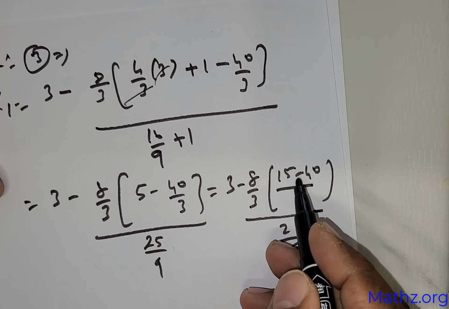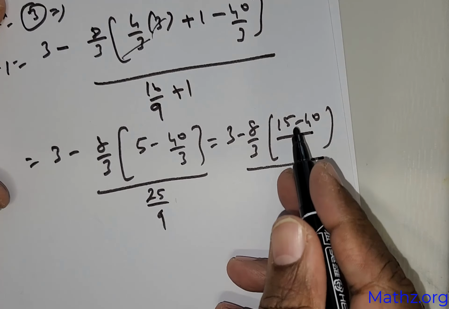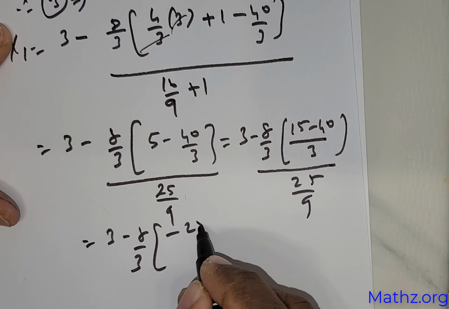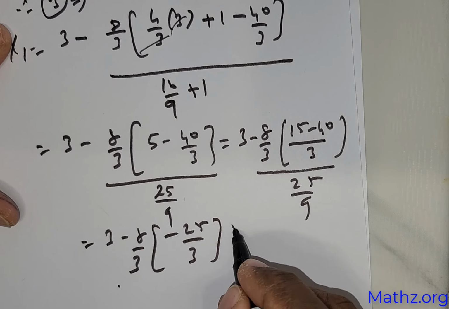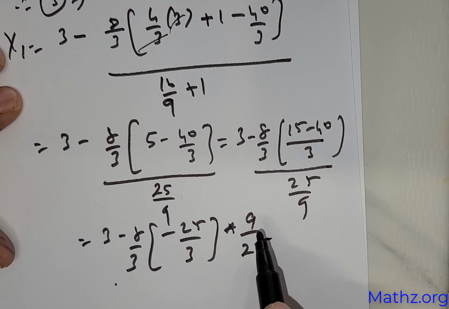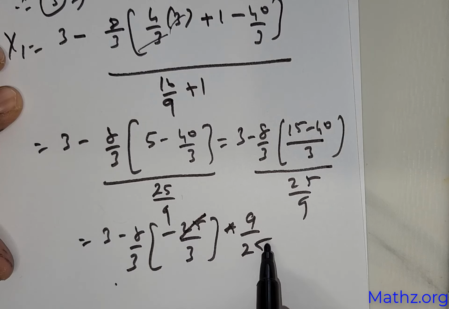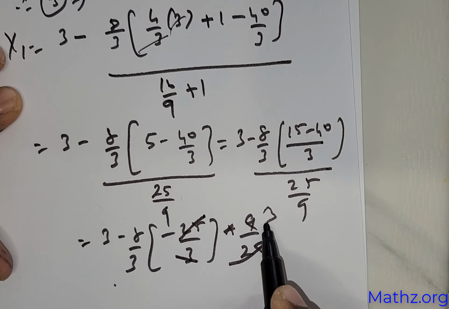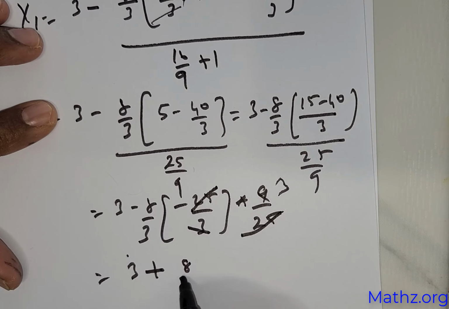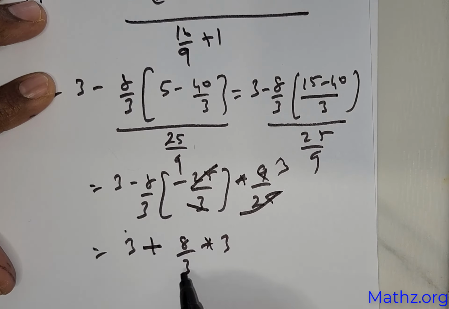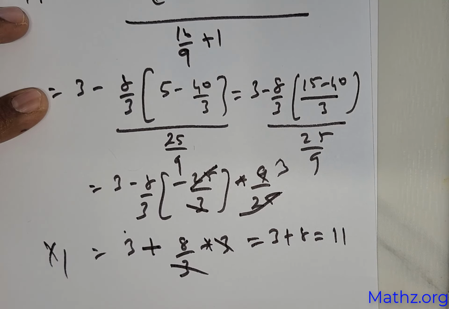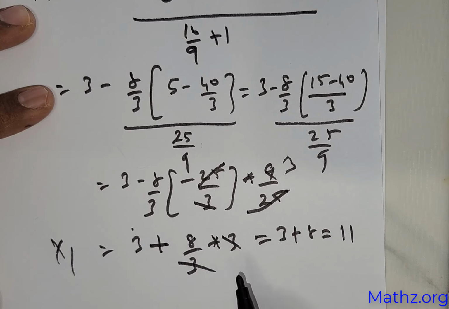This would give you negative 25 over 3, and you can flip this. If you flip this, you get 9 over 25. Now I can clearly cancel 25 and 25, and 3 divides here 3 times. You have a negative sign, so 3 minus negative is positive 8/3 times 3. 3 gets cancelled, you get 3 + 8, which is 11. So this is one component.